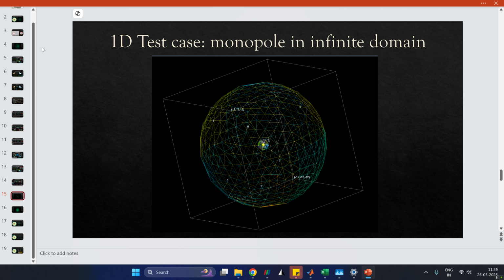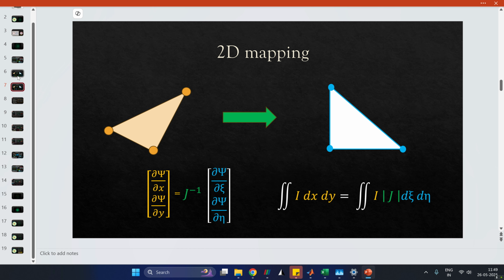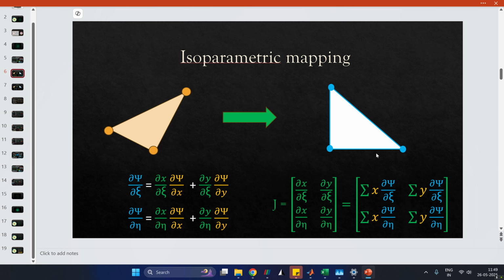The other important analogy which we must talk about is the Jacobian. We talked about isoparametric mapping, in which we mapped this 2D triangle to this 2D master triangle, and we also talked about how these blue derivatives, which are your shape function derivatives in your master elements in the psi and eta directions, because these were 2D, can be mapped to the derivatives on the physical element by using this kind of transformation.